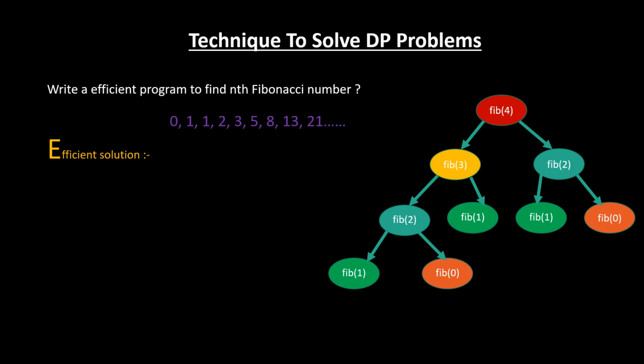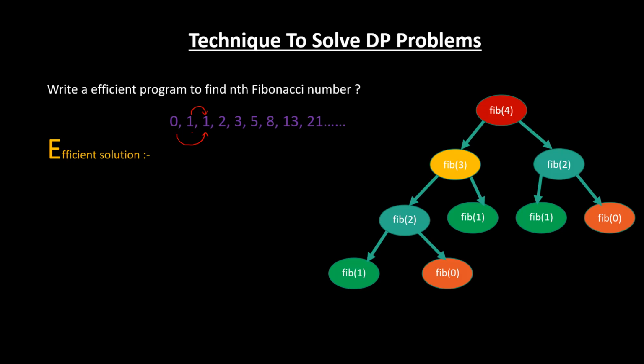If you see this problem clearly, you can easily say from the series, every term in a Fibonacci series is totally dependent on the previous 2 numbers. If you add those 2 numbers, you will get the next term. So if you see in the series, if you add 0 and 1, you will get the third term.